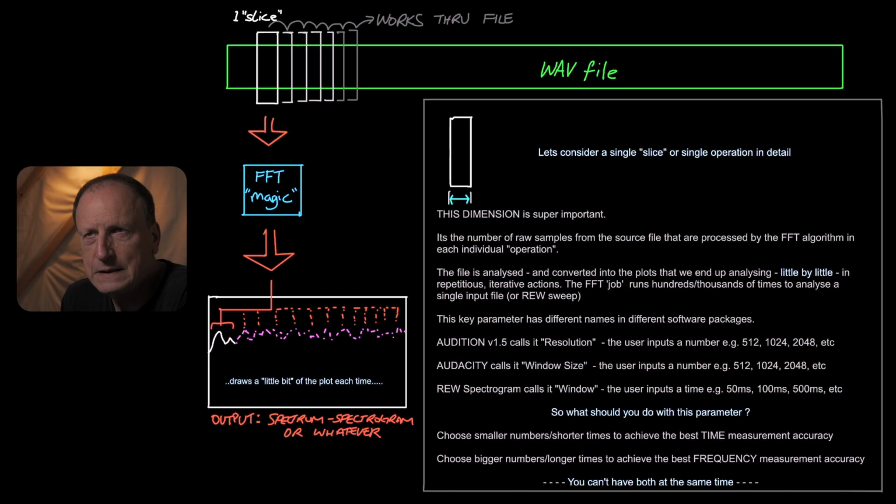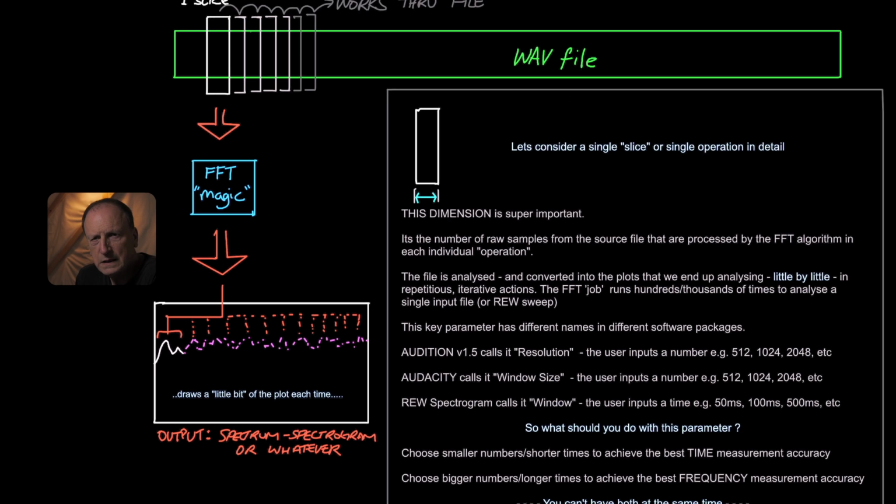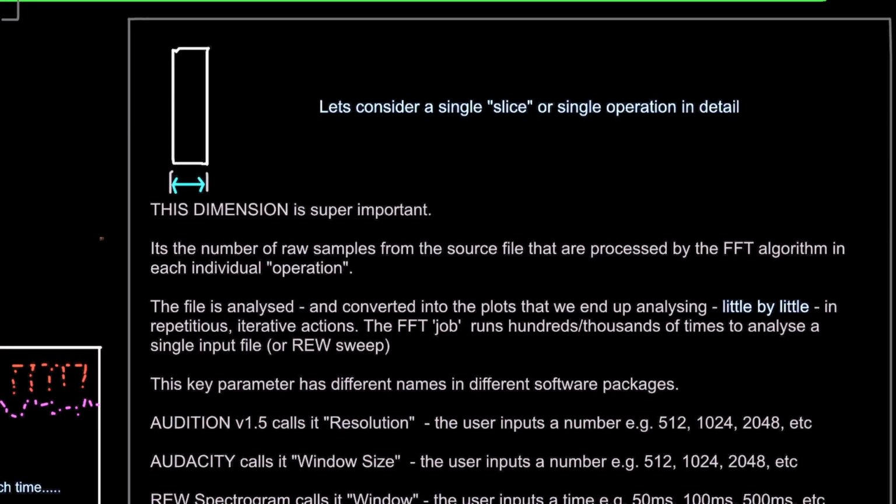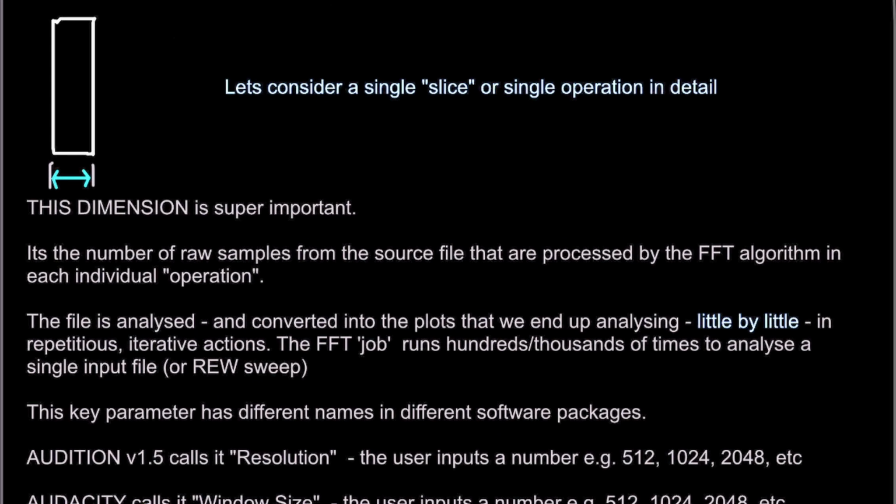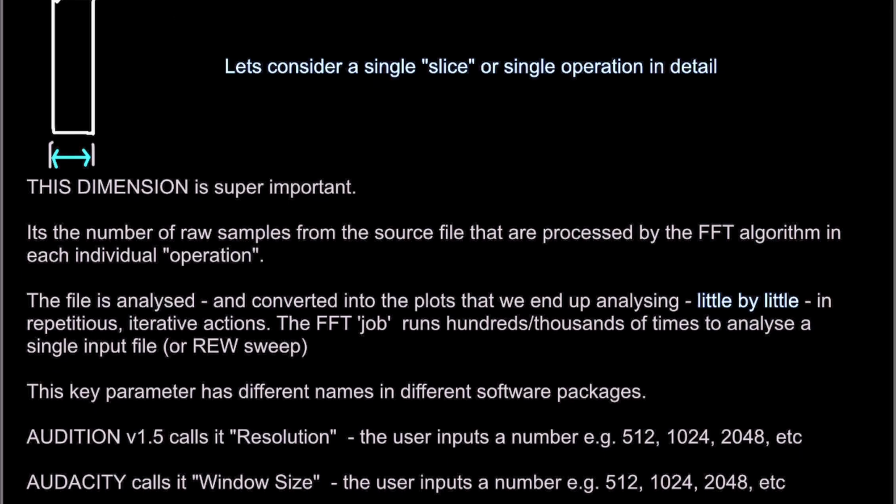And it's the size of this white rectangle, the number of samples per step, that determines whether it has better time resolution or frequency resolution. I'll let you read the text here and then show you some graphics, which I hope will get the point across and empower you to get the results you want from the REW spectrogram.